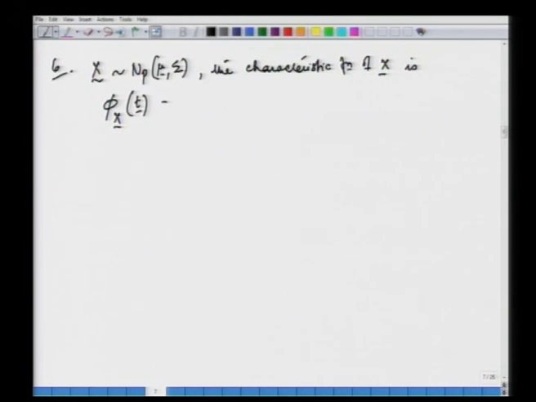This is given by exponent of i t prime mu minus half t prime sigma t.